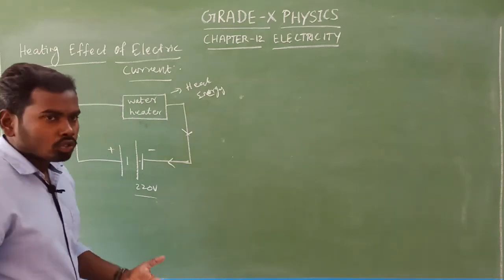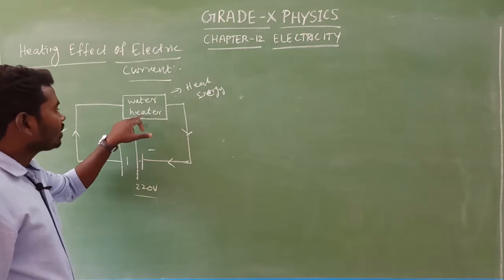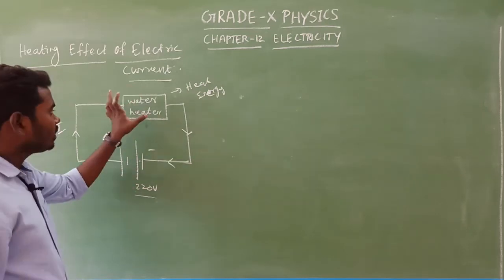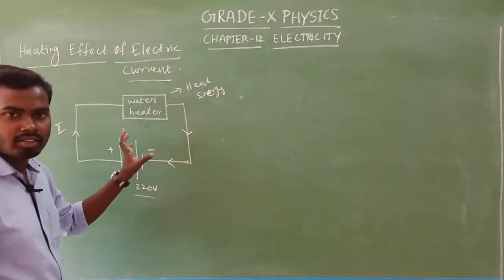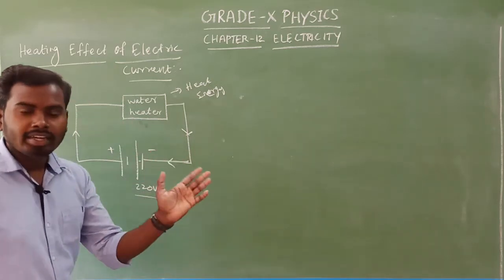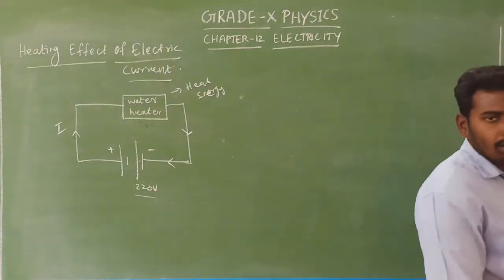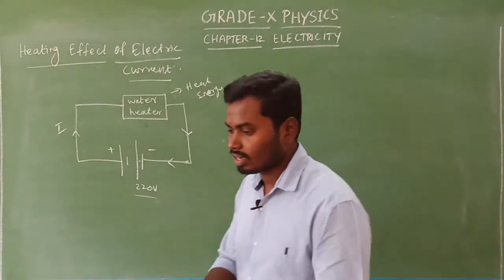So when look at here, when the current is passed through any electrical appliances having the high resistance, it will produce heat energy. This is called heating effect of electric current.